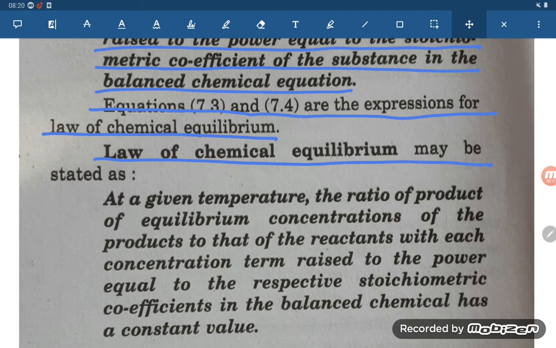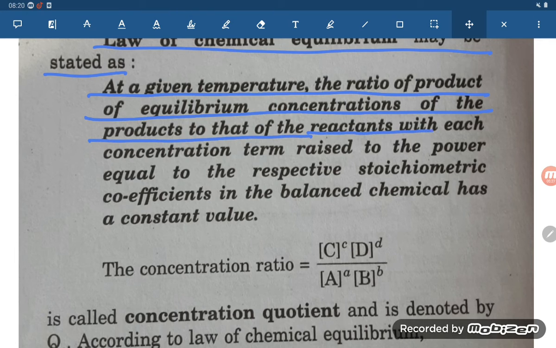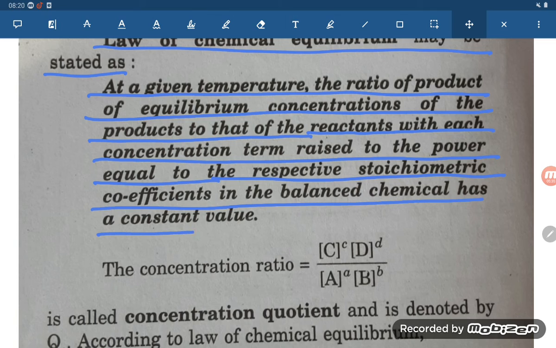The law of chemical equilibrium may be stated as: at a given temperature, the ratio of the product of equilibrium concentrations of the products to that of the reactants, with each concentration term raised to the power equal to the respective stoichiometric coefficient in the balanced chemical reaction.